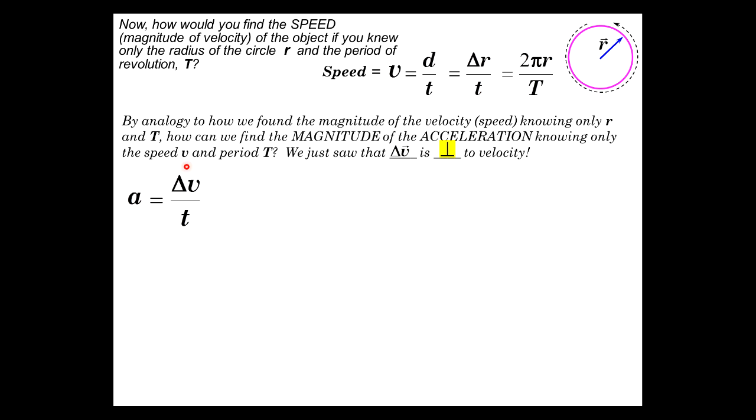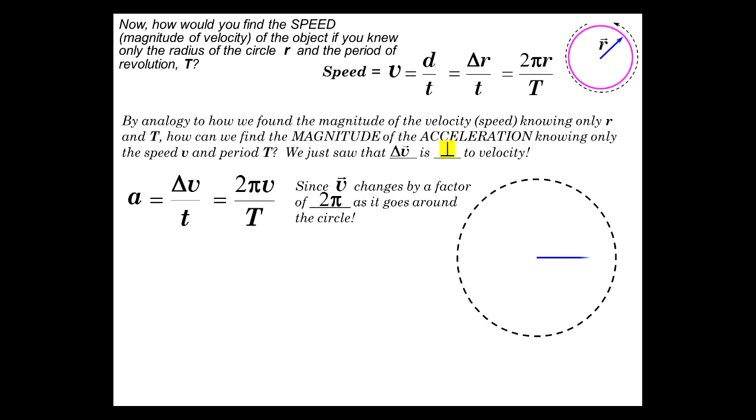And the delta v, how much magnitude of change it's gone through, is likewise, by analogy to 2 pi r, 2 pi v. v changes by a factor of 2 pi as it goes around the circle. So that's how we can think of it. And we just have our first equation for the acceleration of an object in circular motion.